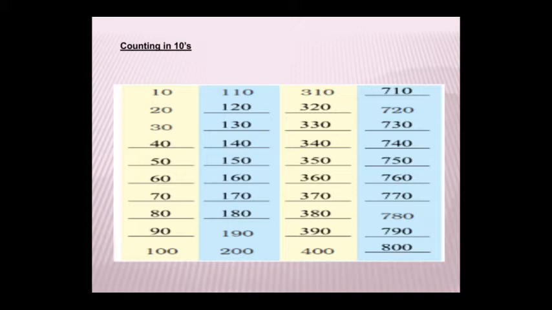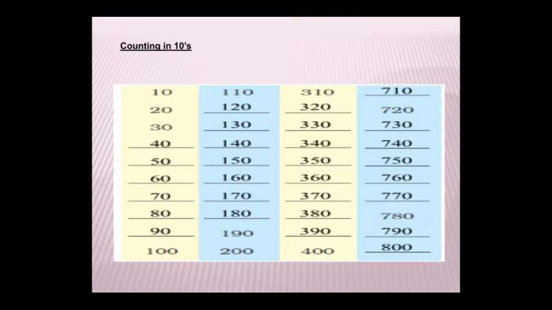Like that only, 310. 310 add 10 you get 320. 320 add 10 you get 330. 330 add 10 you get 340. Like that, you keep adding 10. 340 add 10 you get 350. 350 add 10 you get 360. 360 add 10 you get 370. 370 add 10 it is 380. 380 add 10 it is 390, and then 400.